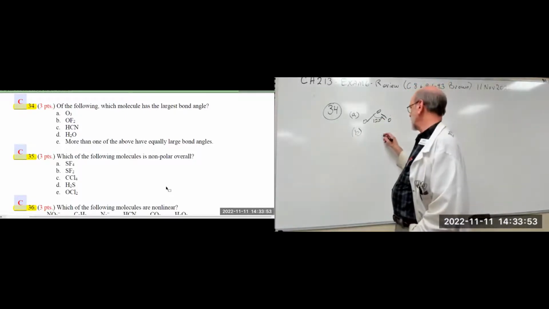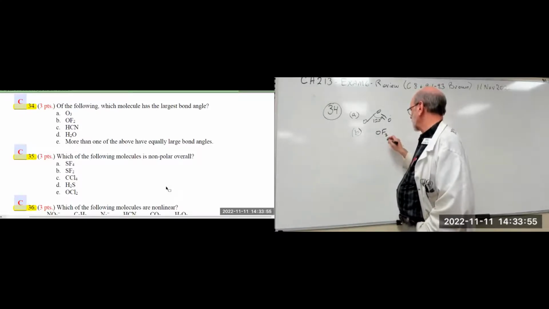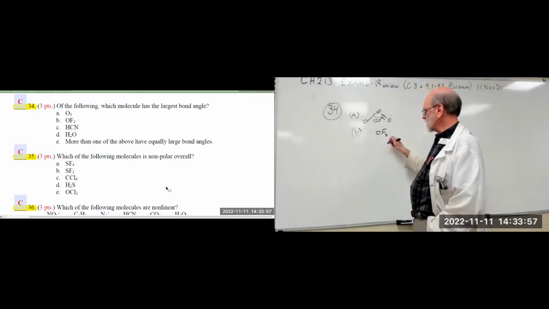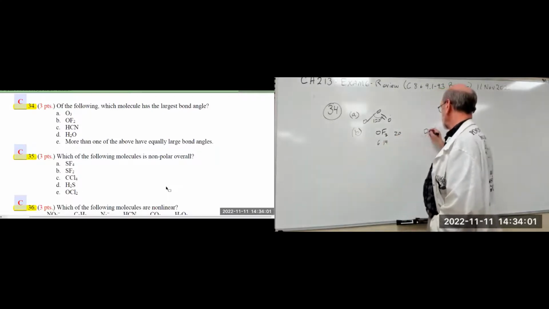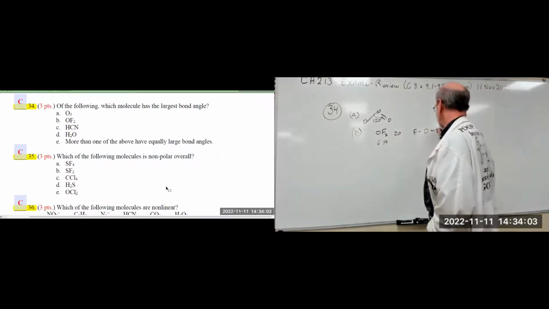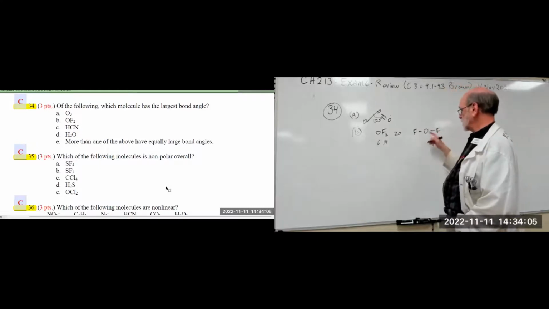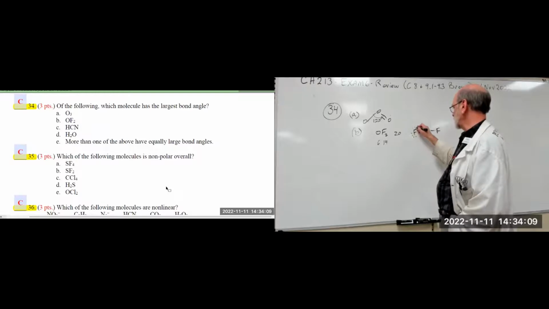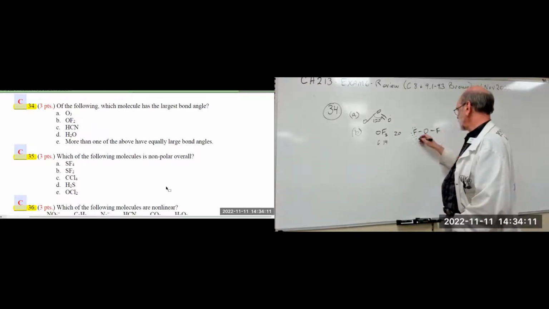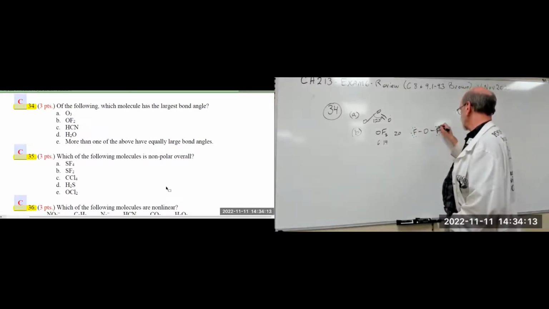OF2, and we haven't done that one yet. So that's 7, 7 is 14, and 6 is 20. So O and F would be 2, 4, 16. 2, 4, 6, 8, 10, 12.